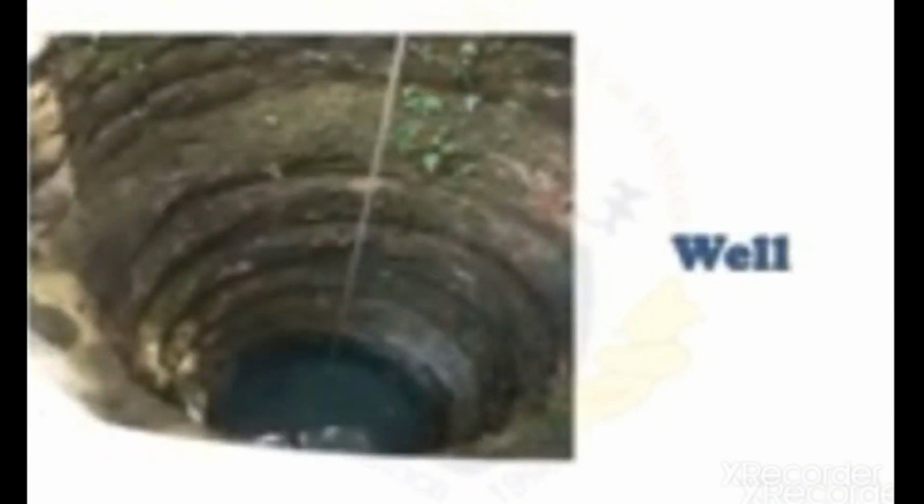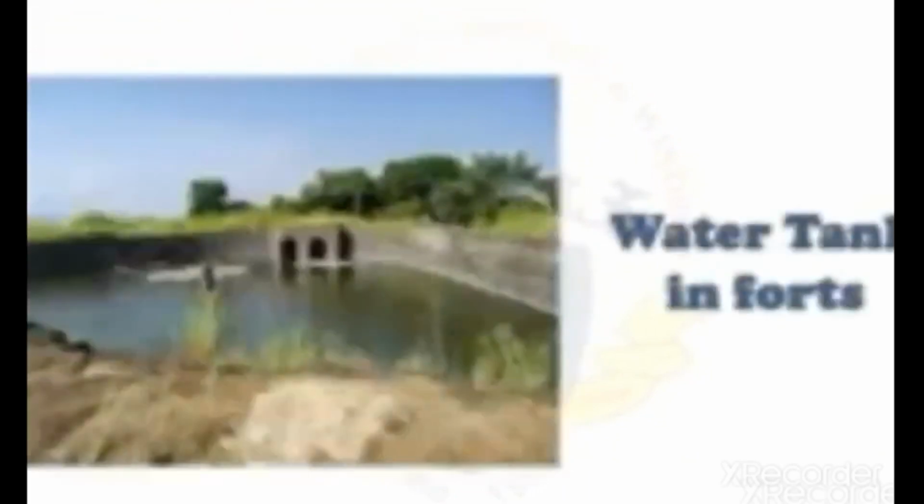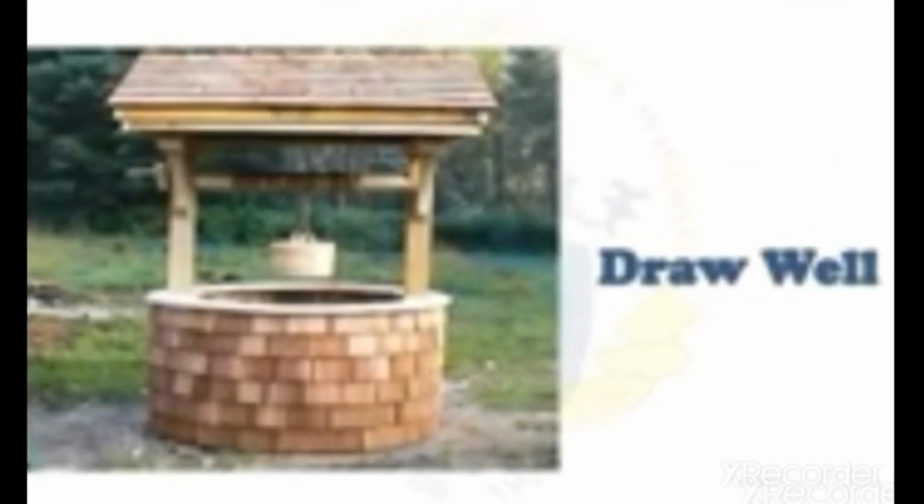So what are the storage of water? First one is well. Second, water tanks in forts, draw wells, ponds and rivers, old reservoirs, old tanks. These are the storage of water.